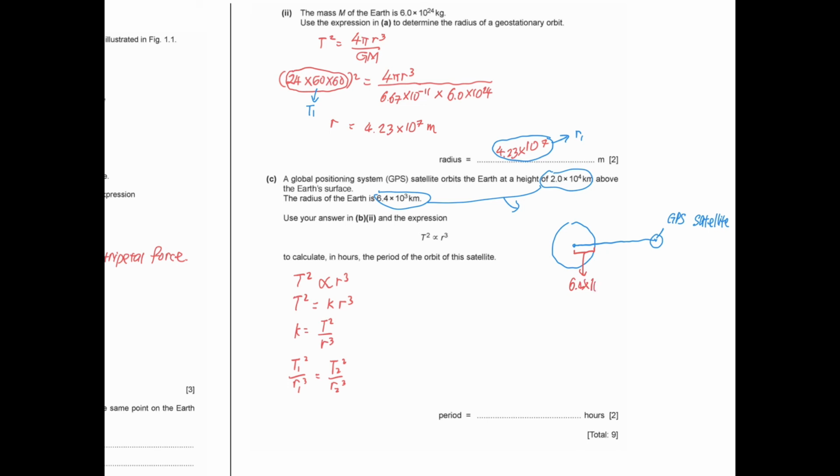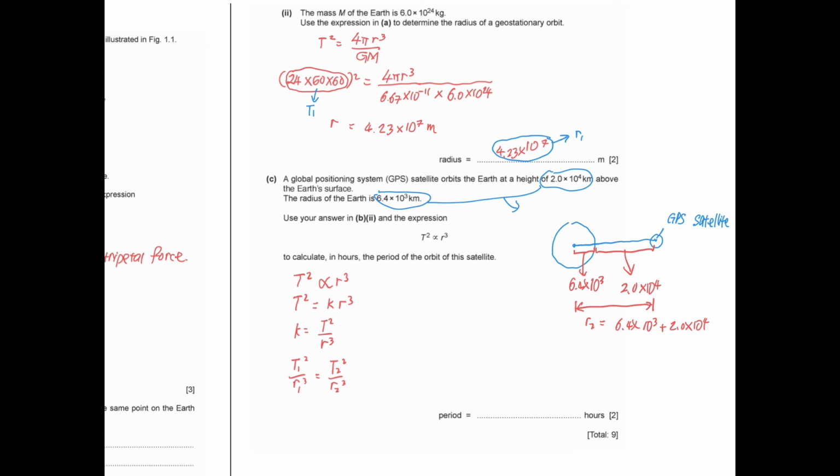Then they give you here to here as 2.0 times 10 to the power of 4. So the whole distance is R2. It's 6.4 times 10 to the power of 3 plus 2.0 times 10 to the power of 4. Okay, it's the whole value. And you make use of this and find T2.